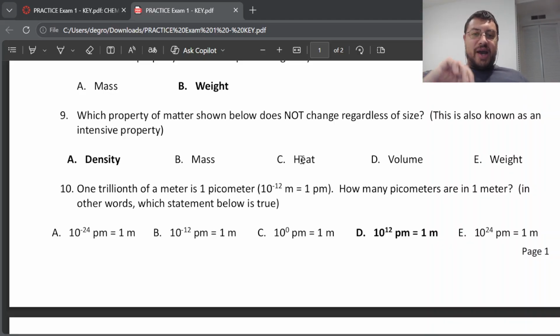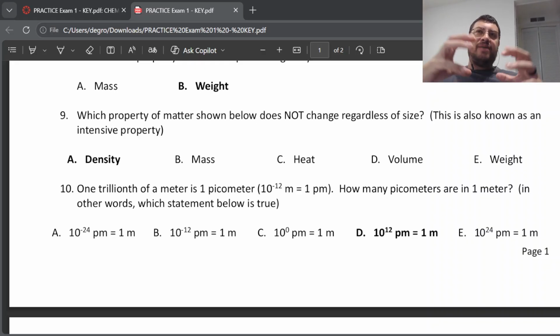And heat, this is kind of a weird one. So you can just ignore heat here because heat is not really something that has to deal with size per se. Whereas if you make something bigger or smaller, that will affect mass, volume, and weight in obvious ways.